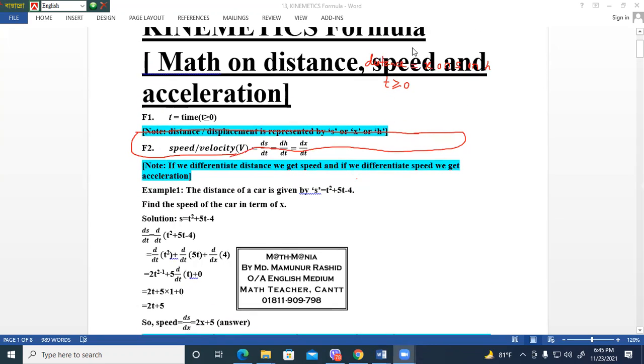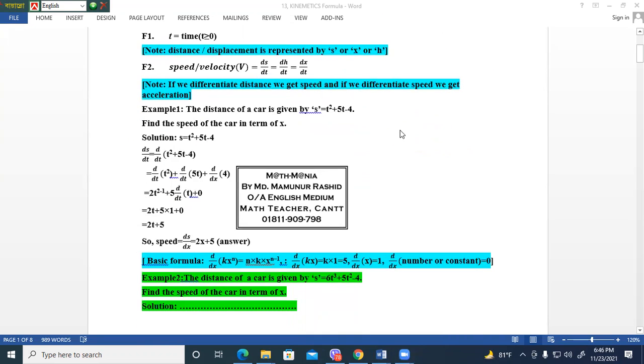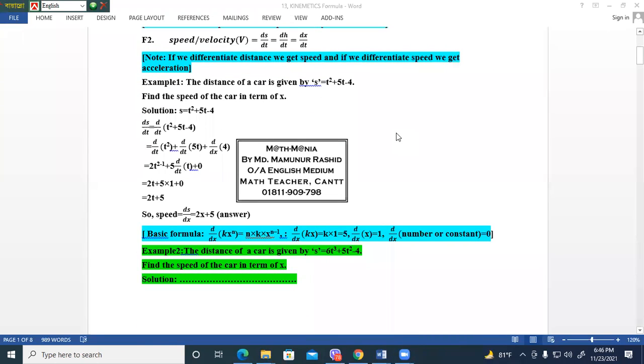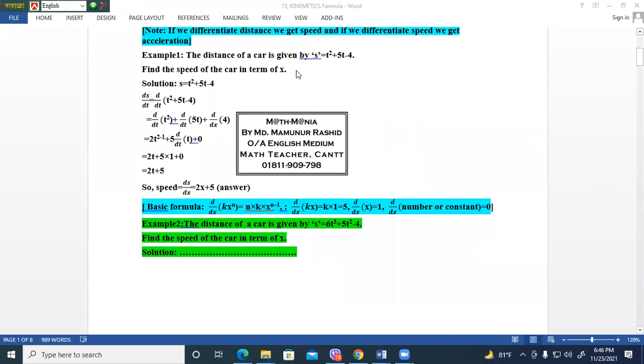Given distance s equals t square plus 5t minus 4.